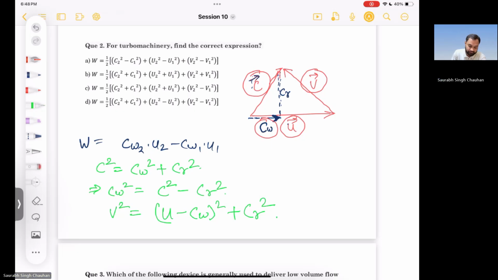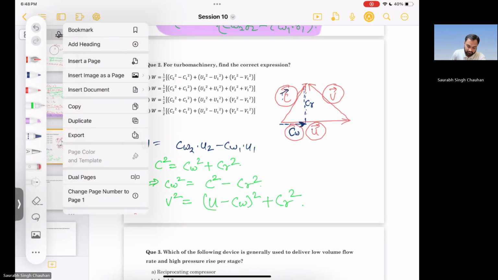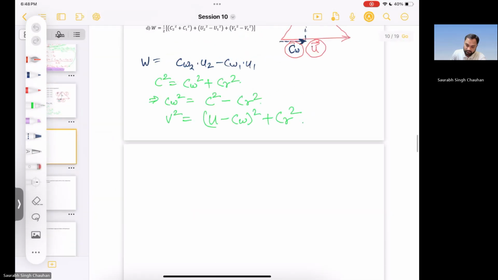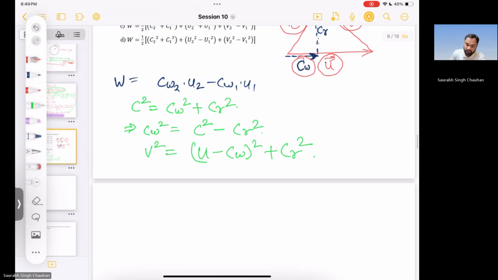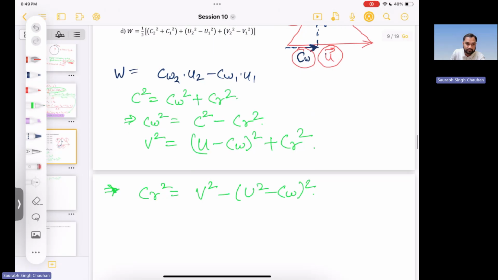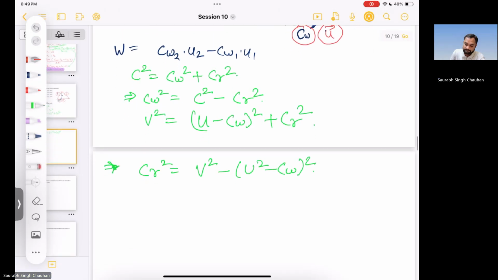Correct? So from this equation, CR square is equal to V square minus (U minus CW) square.